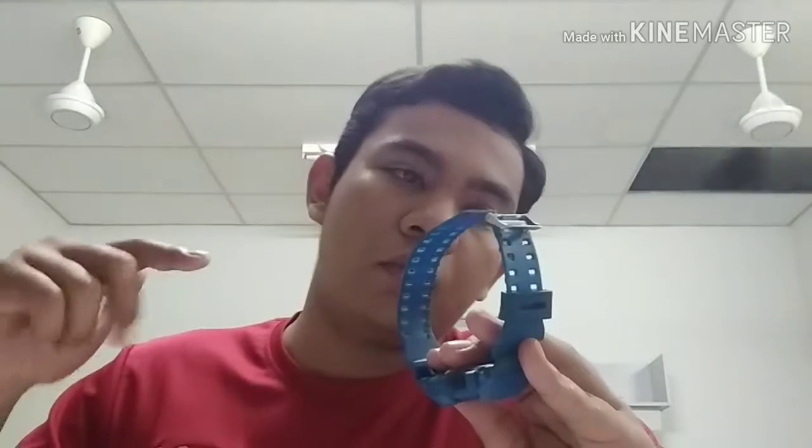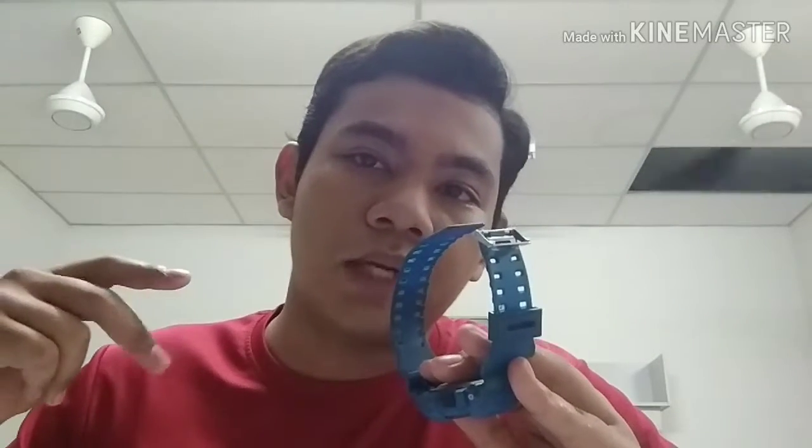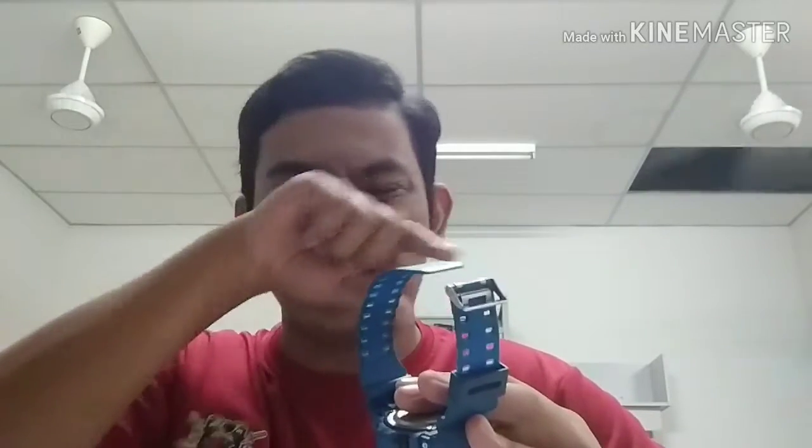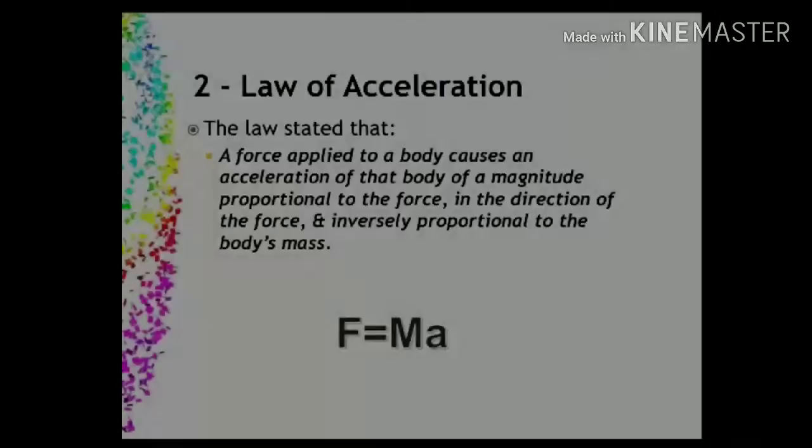As you can see from the example, the more body mass the object has, the more force we must apply to give the object more acceleration. That's the second Newton's law of motion, the law of acceleration.